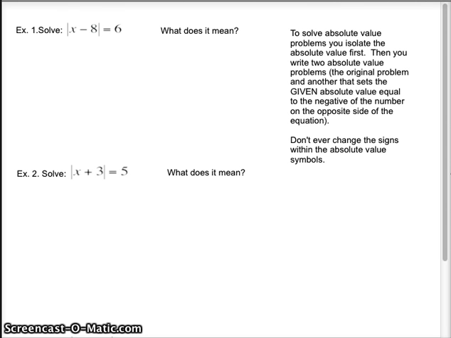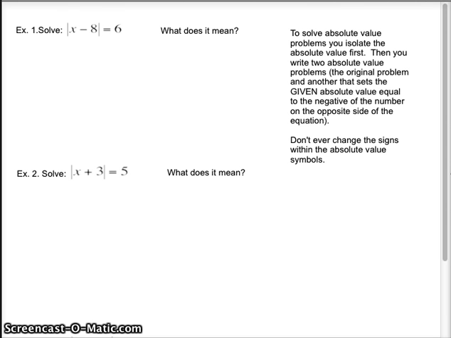So if I just give you an absolute value equation, what I'm looking for you to remember is there are two solutions. Because that x minus 8 could actually equal 6. Or if that x minus 8 happened to be negative 6, that absolute value would wipe off that sign and it would still just end up equaling positive 6.